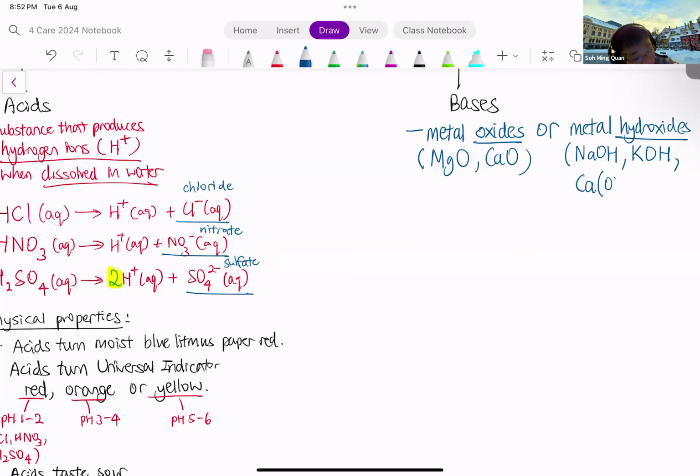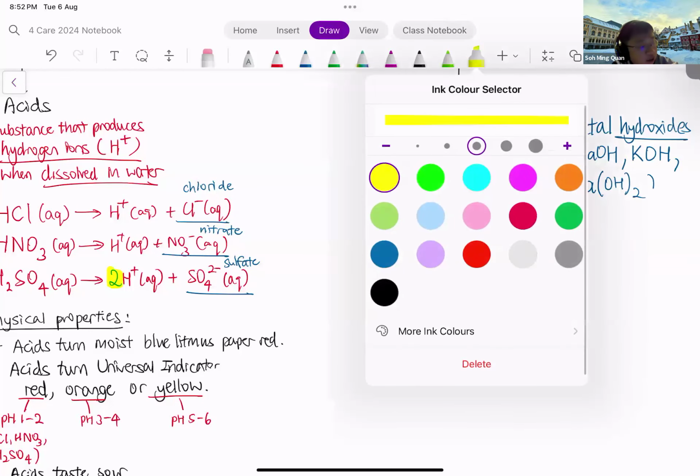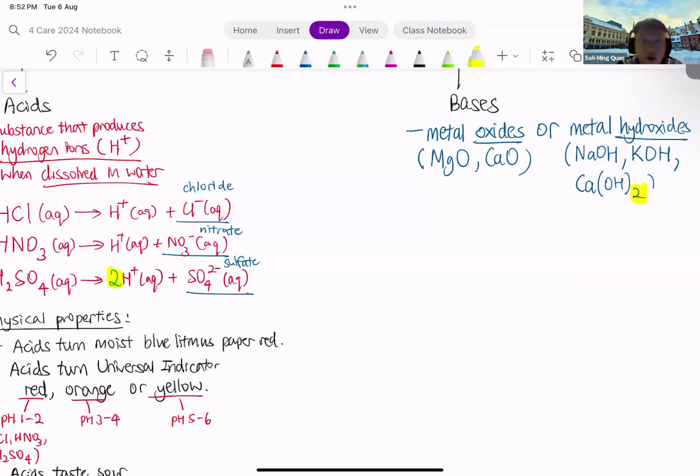Calcium hydroxide. Why does calcium hydroxide suddenly have OH 2? Again, this is a consequence of the formula. Calcium is Ca2 plus because it's group 2. Hydroxide is OH minus. So to balance out the plus and the minus, I need 2 OH minus. Okay?